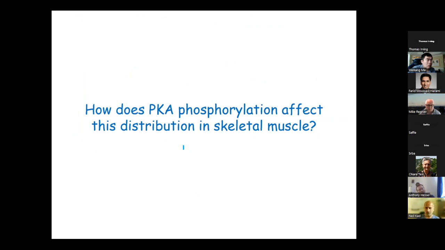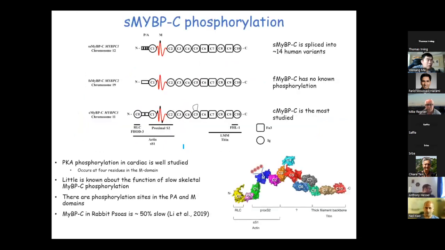So how does protein kinase A phosphorylation affect distribution in skeletal muscle? Well, let's take a look at what it could do. Of course, most of what we understand about phosphorylation of myosin binding protein C comes from cardiac, and we're looking at fast skeletal, which has no known phosphorylation sites.